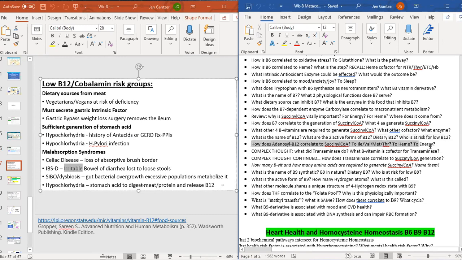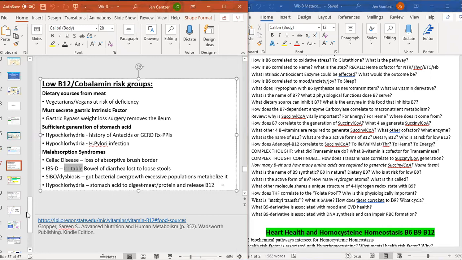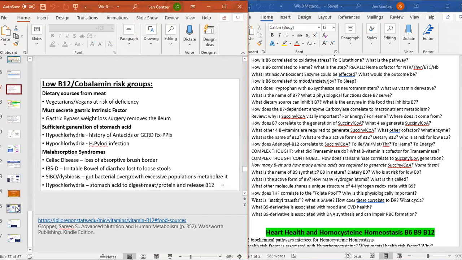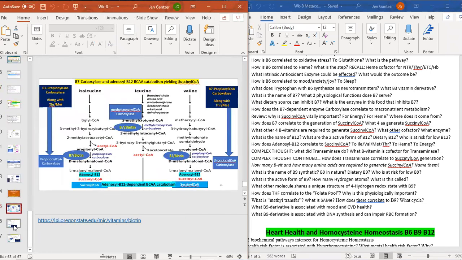All right, so this is why I jumped B9. Guess what? I'm dragging you back to succinyl-CoA because there's more to the story. Succinyl-CoA has got to be one of my favorite molecules because it's so important. It's right up there with heme. Okay, so let's go back to our two branched chains, isoleucine and valine. And we know that methionine and threonine are also part of the mix.